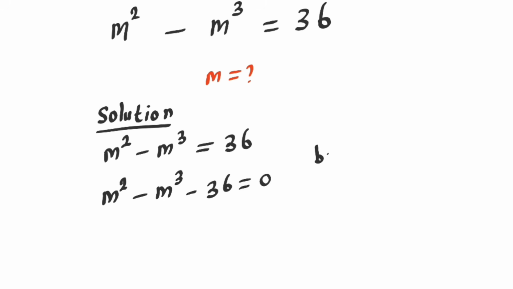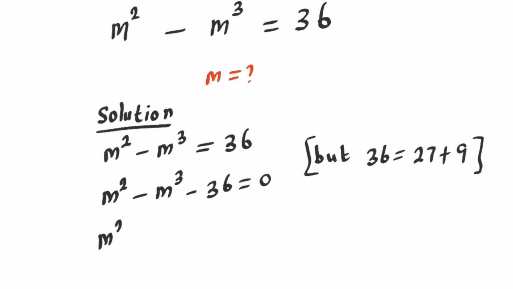But 36 is equal to 27 plus 9. This is m squared minus m raised to power 3 minus this 36, 27 plus 9, is equal to 0.